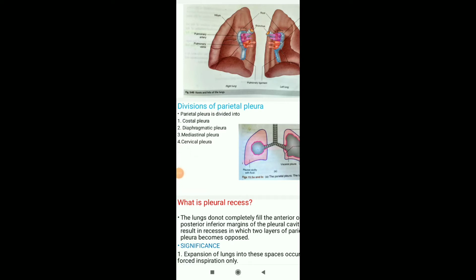It is covered by the suprapleural membrane, which is made up of two components: a connective tissue component known as endothoracic fascia, and a muscular component known as scalenus minimus.